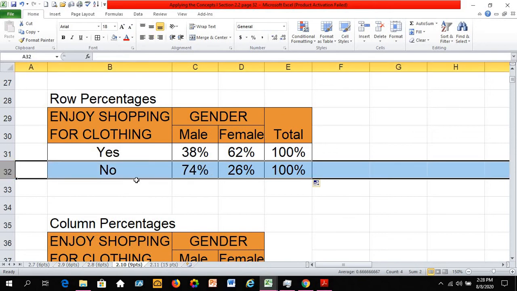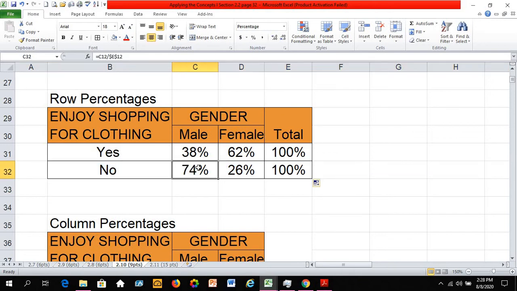To interpret this, out of 100 male shoppers, 74 of them don't enjoy shopping for clothing. And for females, out of 100 female shoppers, 26 of them don't enjoy shopping for clothing. So that's how you interpret this result under row percentages.